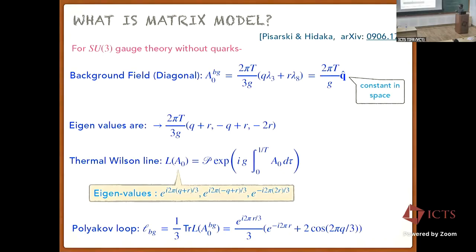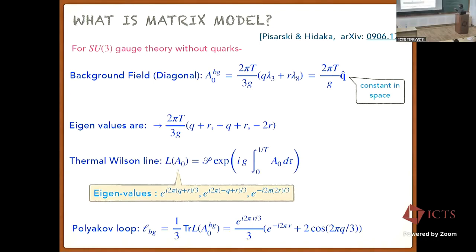We use a background gauge field, which is characterized for the SU(3) gauge theory without quarks. For now, we can write it in a diagonal form, since lambda 3 and lambda 8 are the Gell-Mann matrices, which are diagonal, and Q and R are variables which will be related to the Polyakov loop.